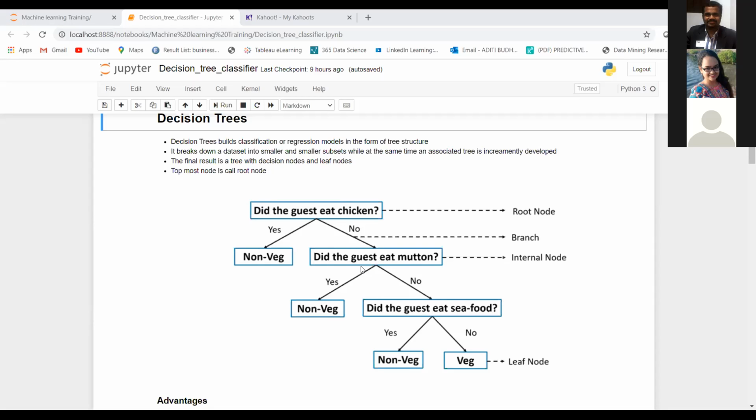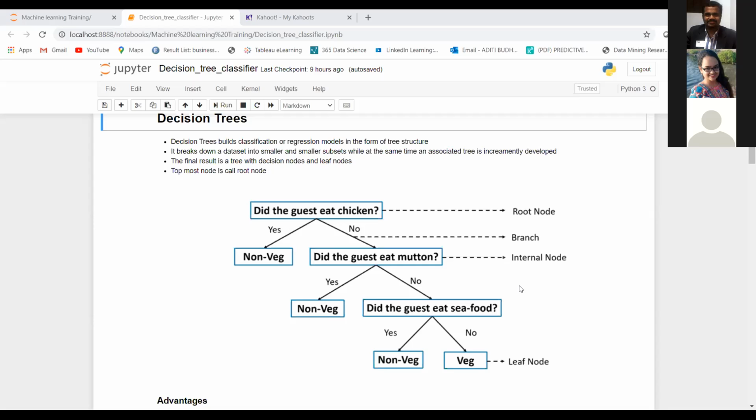Again, here we have two options, yes or no. If that person has eaten mutton, then you will classify him as non-vegetarian. And if he has not eaten mutton, then you will ask another question, did the guest eat seafood? Based on this last question, if he has eaten seafood, then you will classify him as non-vegetarian. And if he has not eaten this, then he is vegetarian.